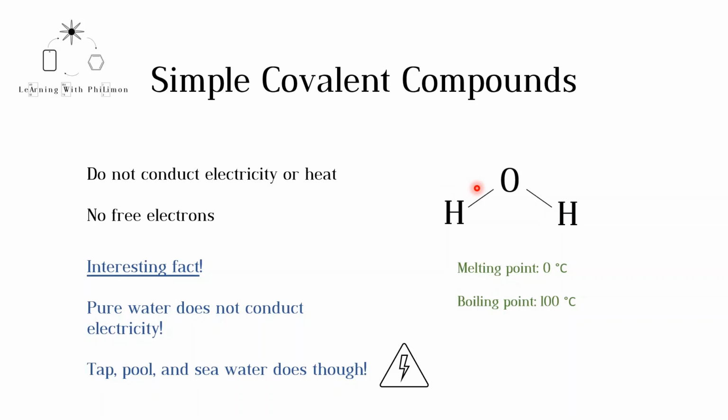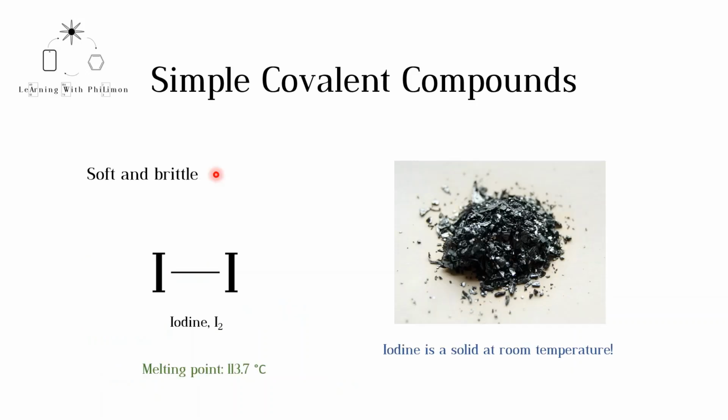Be wary that this is only true for pure or distilled water. This water is usually found only in laboratories. Tap water, pool water, or seawater contain salts, so they do conduct electricity. If electrical devices or wires without insulation are placed in water, this could lead to serious injury or even death from electric shock to anyone in the water.